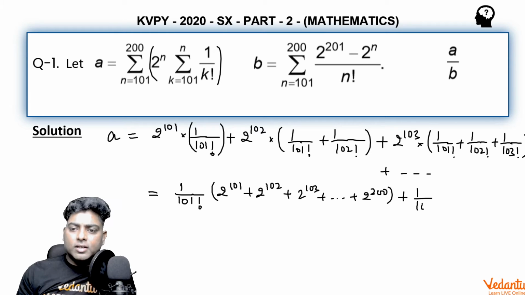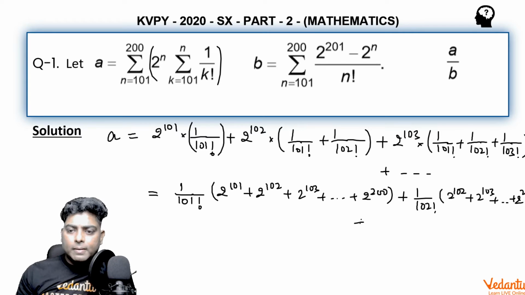Then if you collect 102 factorial, it will be from the second term, 2 raised power 102 plus 2 raised power 103 till 2 raised power 200, and similarly and so on. If 101 factorial is there in the denominator, the power of 2 starts from 101; if 102 is there in the denominator, the power of 2 starts from 102.